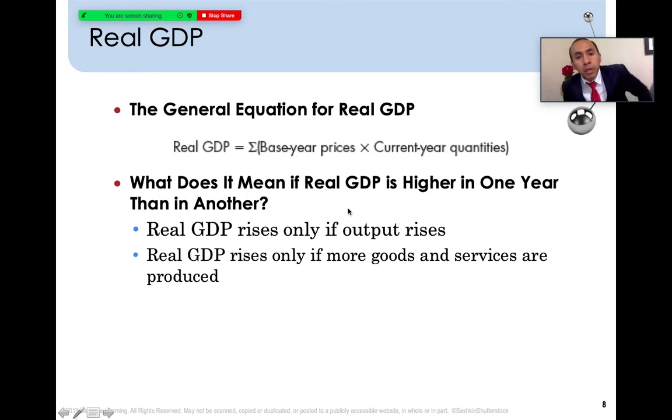What does it mean to have real GDP that is higher one year than another year, or if real GDP is actually lower? Well, it really depends. If output did in fact increase, then real GDP will be higher. And it indicates that output or production or the employment of resources have increased.